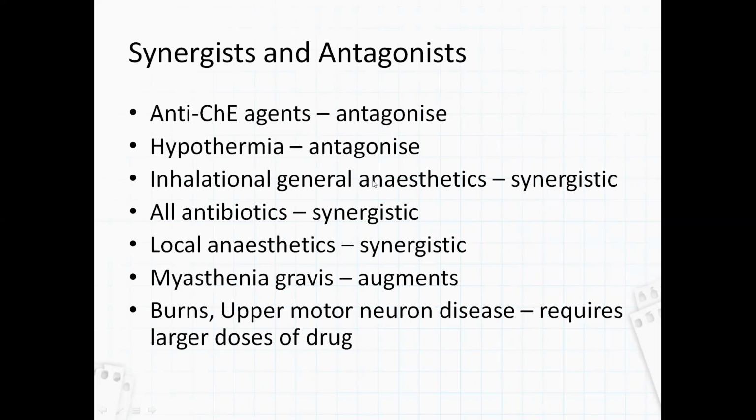Inhalational general anesthetics, antibiotics, and local anesthetics act synergistically with the non-depolarizing blockers. And in the condition myasthenia gravis, which is an autoimmune disorder, it augments, meaning it increases the action of the neuromuscular blocker. And in conditions like burns or upper motor neuron disease, this requires larger doses of the drug.